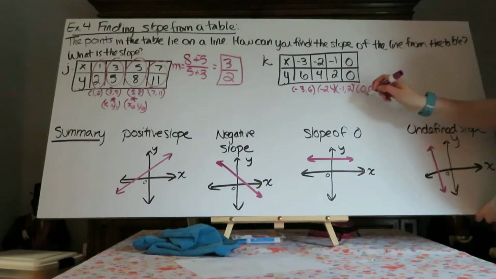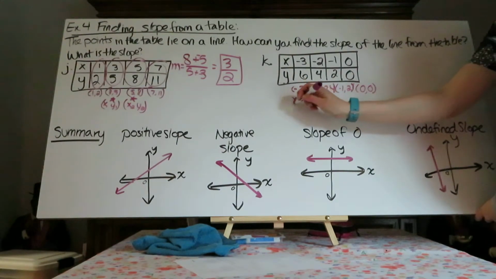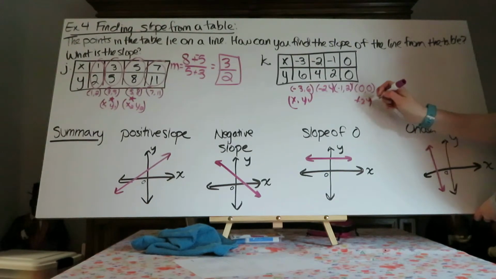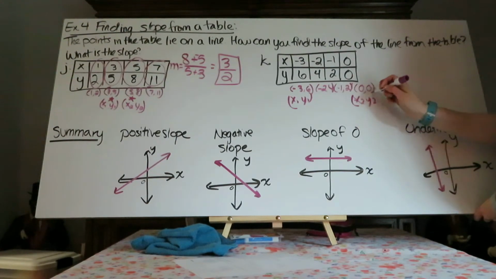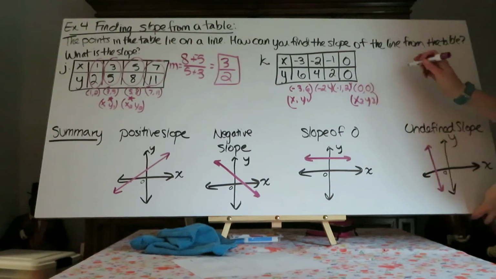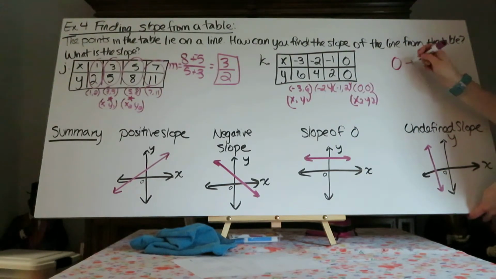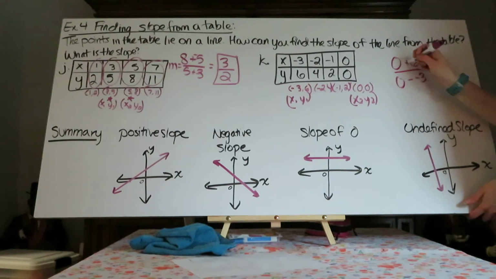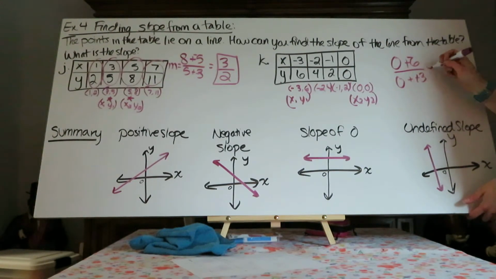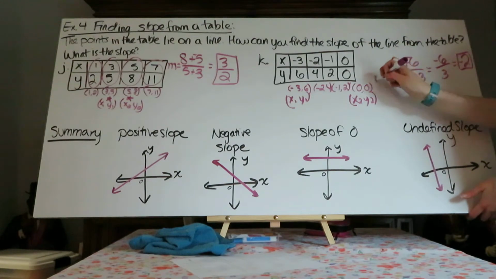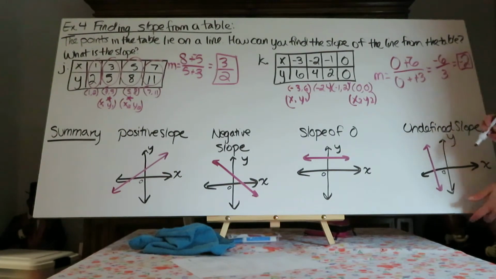All right, so we're going to go x1, y1, x2, y2. Sorry, my x is a little wonky there. It's positive x, not a negative. Okay, so 0 minus 6 divided by 0 minus negative 3, adding the opposites. Negative 6 divided by 3 gives you a slope of negative 2. Technically, I need to put the slope equals.